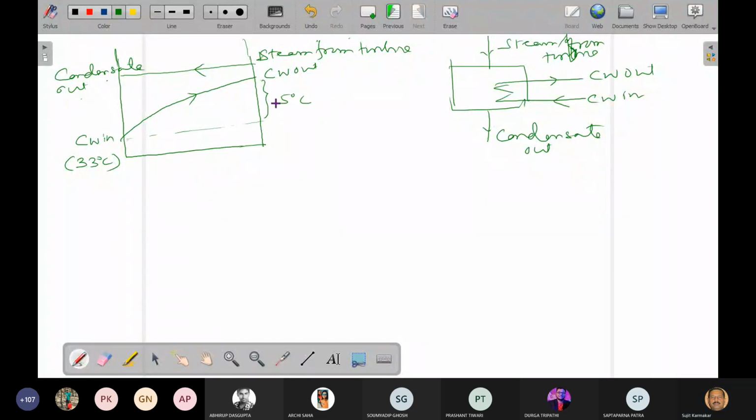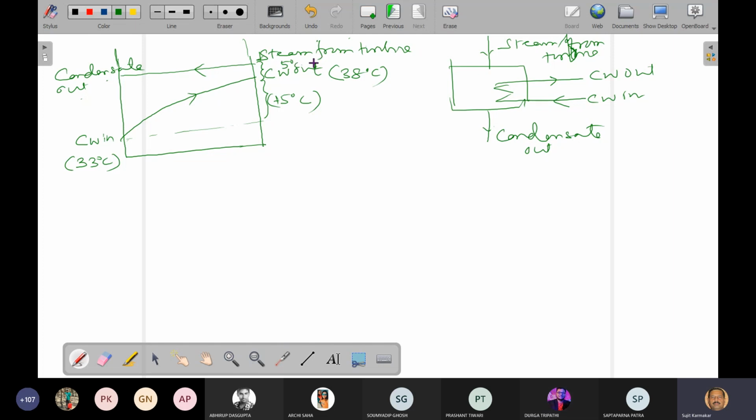So if a 5 degree temperature rise is there, then what is the cooling water outlet temperature? 38 degrees Celsius. Now this is also a temperature difference, because steam is entering and steam is going out. So there should be a temperature difference, because there is a heat exchanger. And this temperature difference is 5 degrees Celsius.